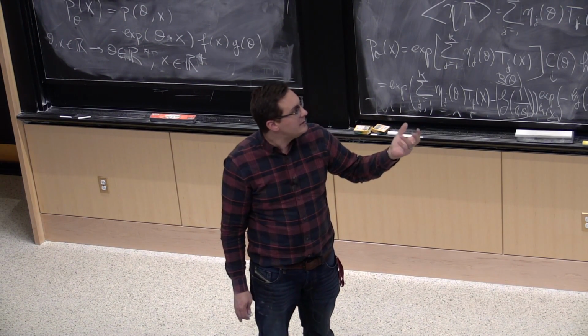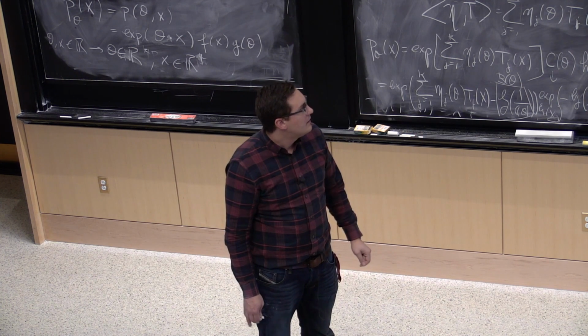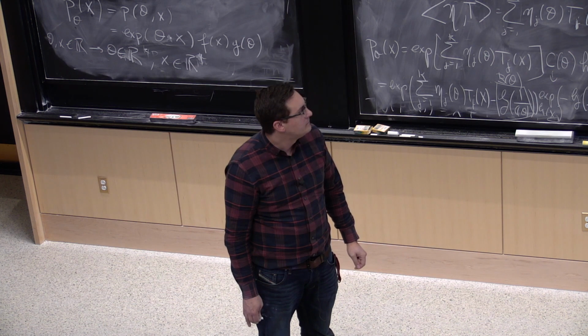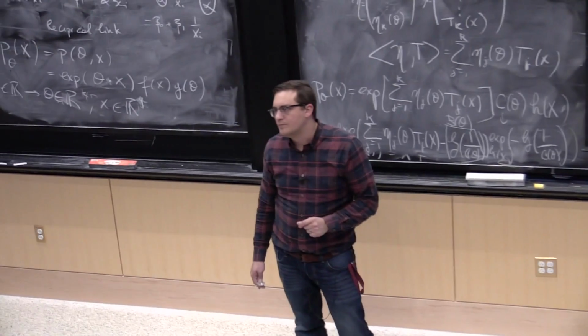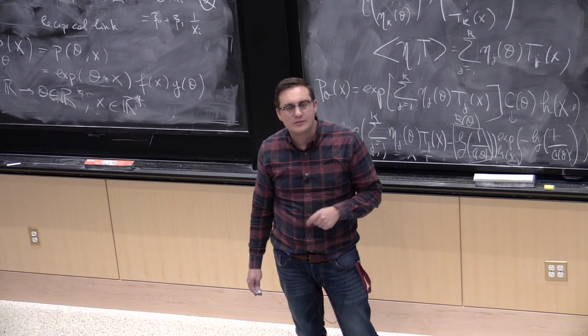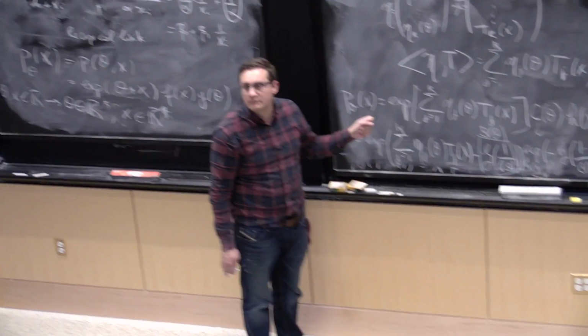Now, why don't I put h of x in there as well? Because h of x and b of theta don't play the same role. B of theta, in many ways, is a normalizing constant. I want this density to integrate to 1.